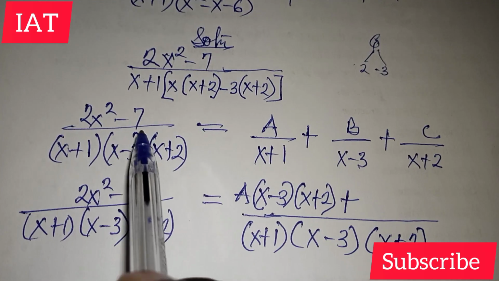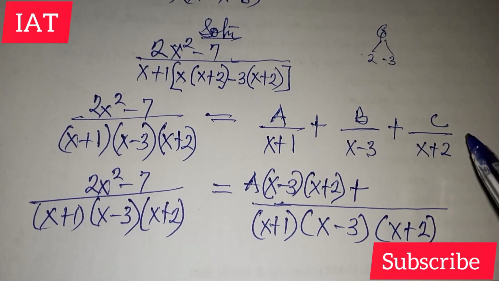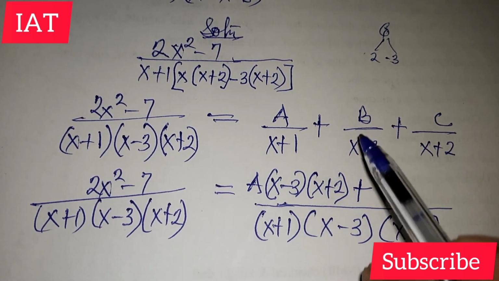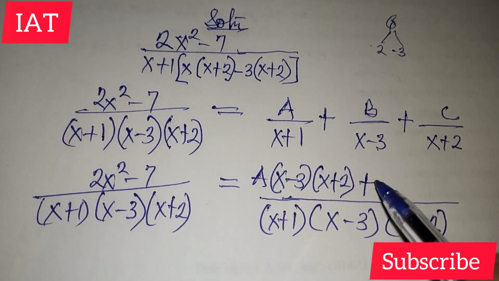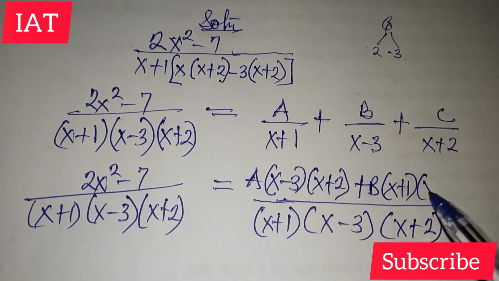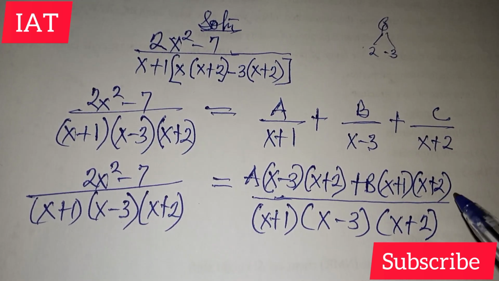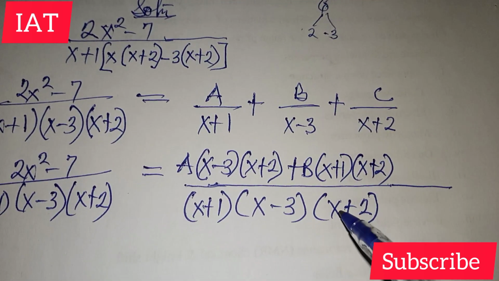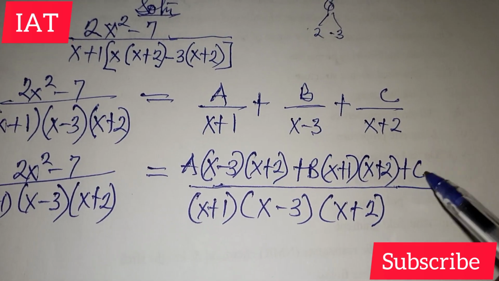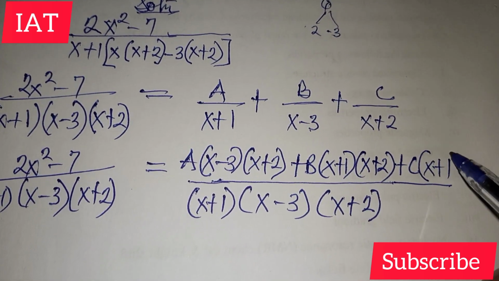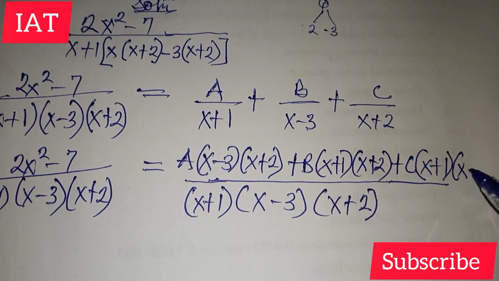So you can see that we've separated this into partial fractions. This will cancel out with this, left alone with b and the rest of this. So I have b into x plus 1 into x plus 2. And lastly, we will have this cancel this, so we have c to multiply x plus 1 and also x minus 3.